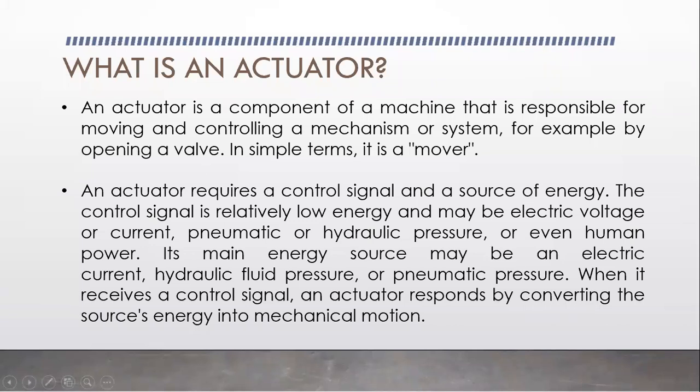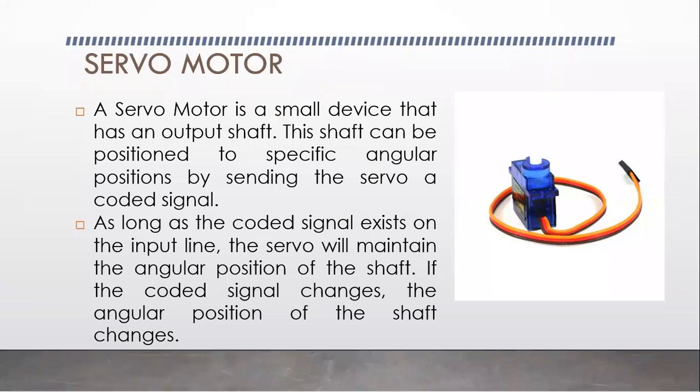Okay, so guys, here I'm going to explain a servo motor, which is an actuator. Why is this servo motor special? What is the main difference between other motors and the servo motor? A motor is a simple electronic device which rotates through 360 degrees.